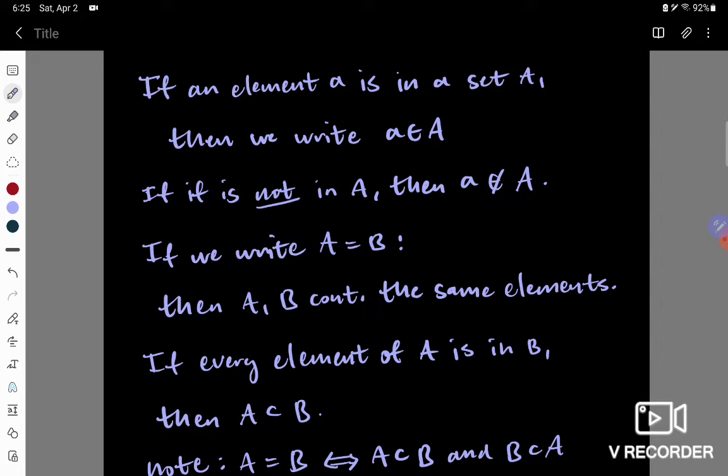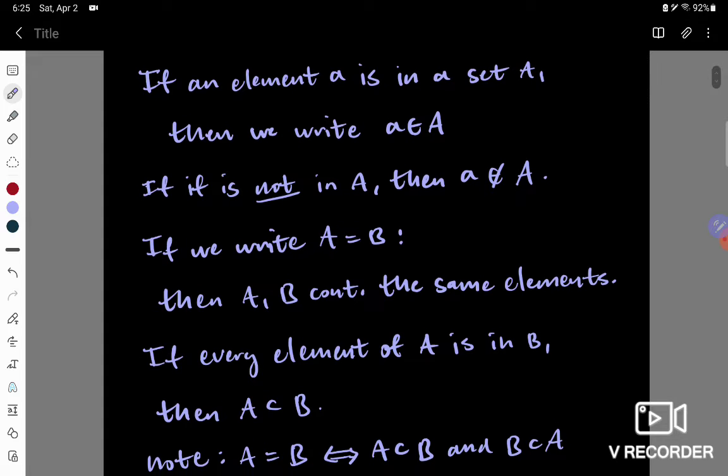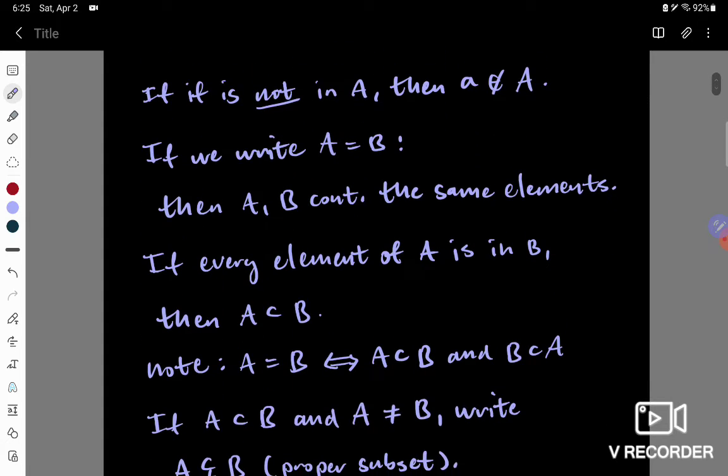This is called a membership relation, with little a, this epsilon symbol, and big A. So a is in A. If it is not in the set big A, we simply draw this membership symbol, and then we draw a line through it to indicate negation. It's not in.